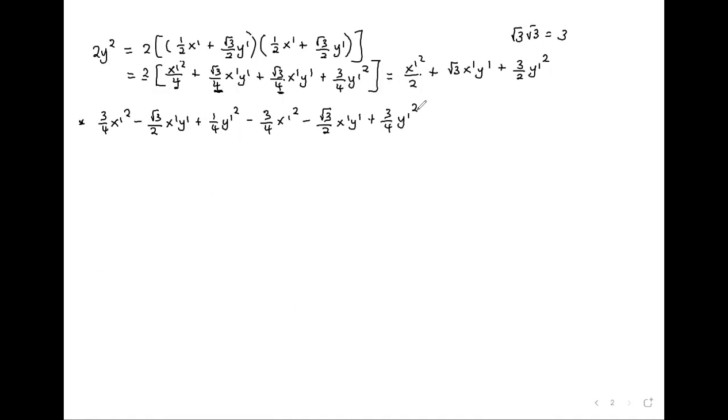Okay, the other one is here: plus x prime squared over 2 plus root 3 x prime y prime plus 3 over 2 y prime squared is equal to 1. So we add now.